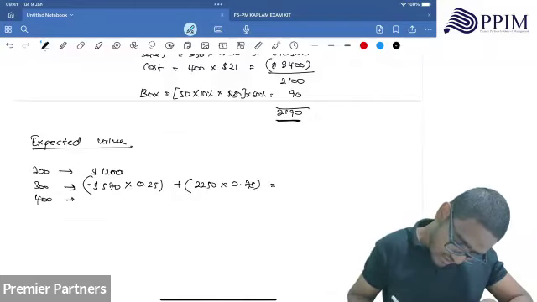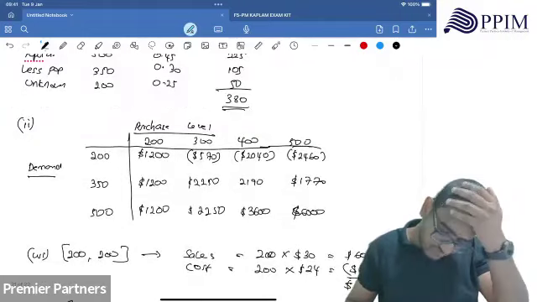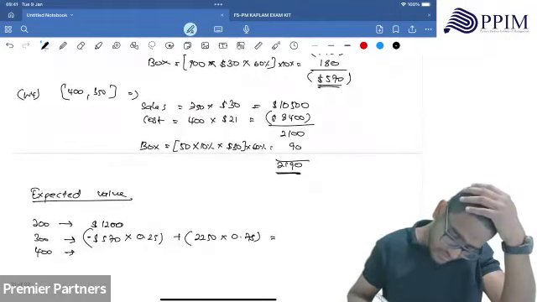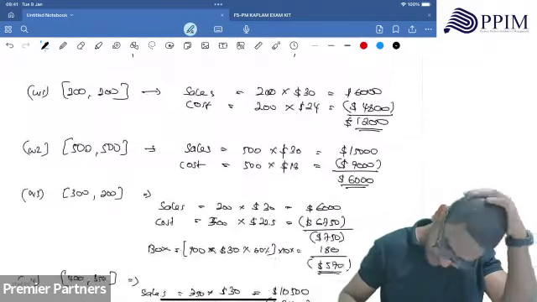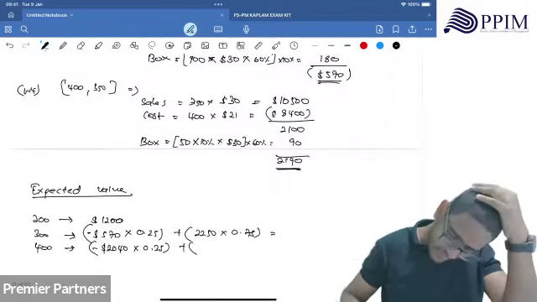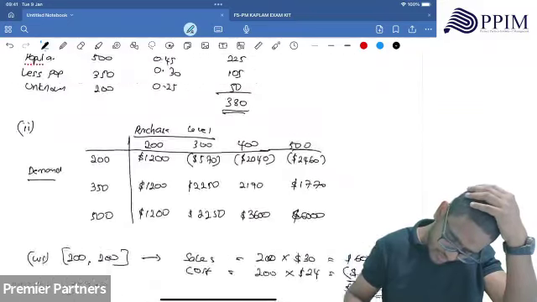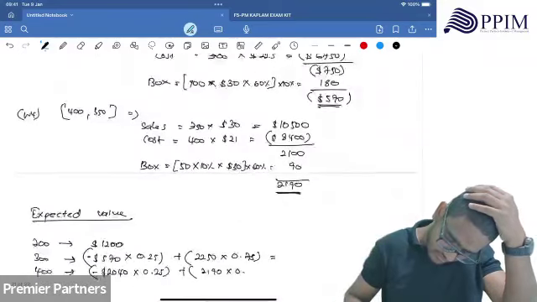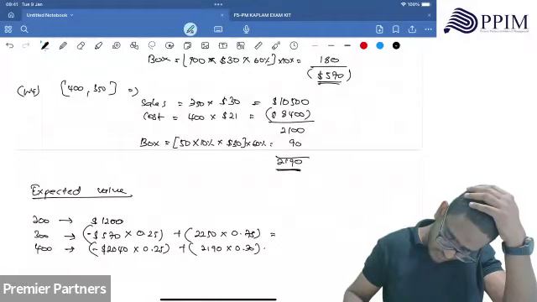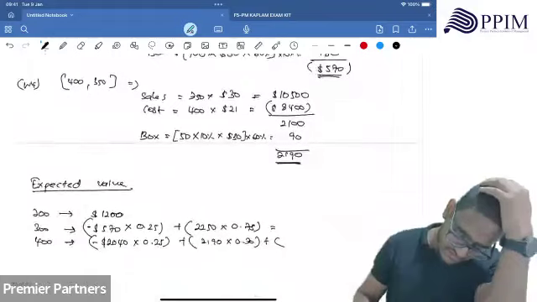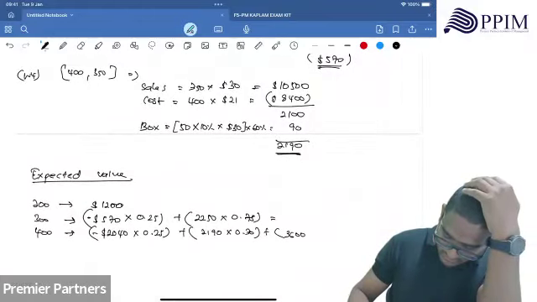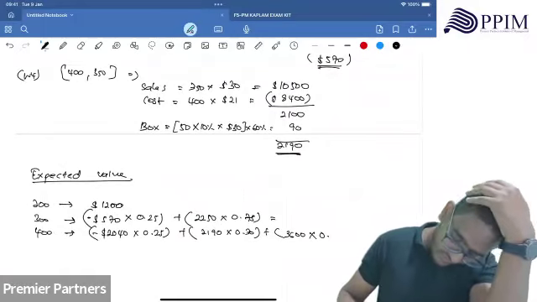Then for 400, you have negative 2,040 at 0.25, plus 2,190 at 0.30, plus 3,600 at 0.45.